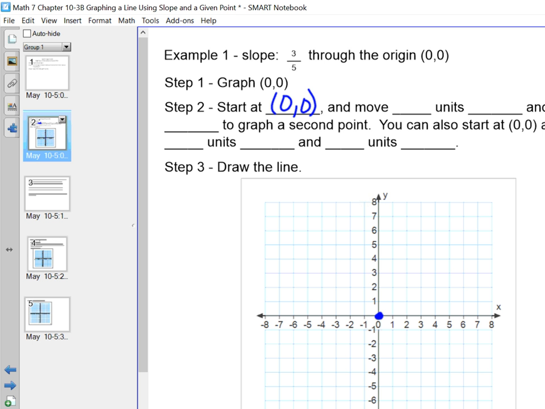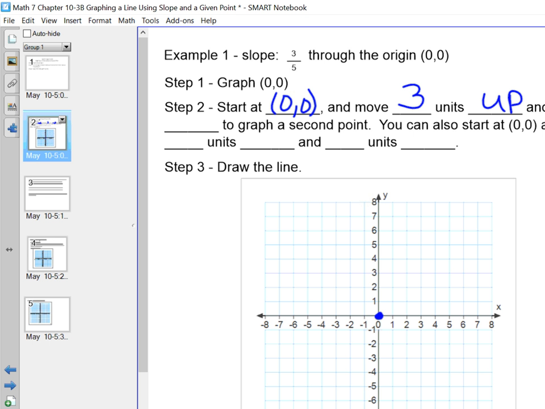Now 3/5, remember that that's a change in y, which talks about up and down, over the change in x, which talks about right and left. So for a slope of 3/5, we are going to move 3 units up. That's the y part.